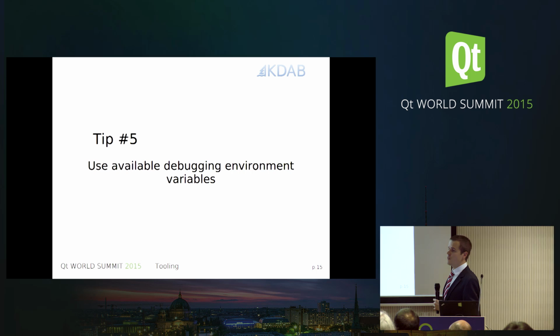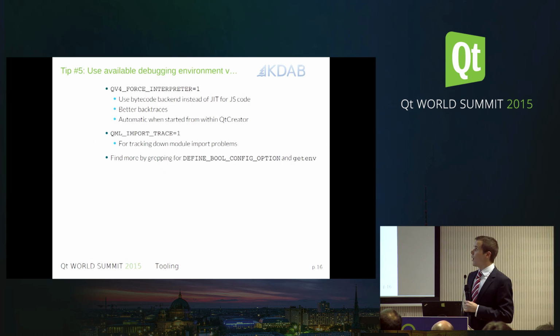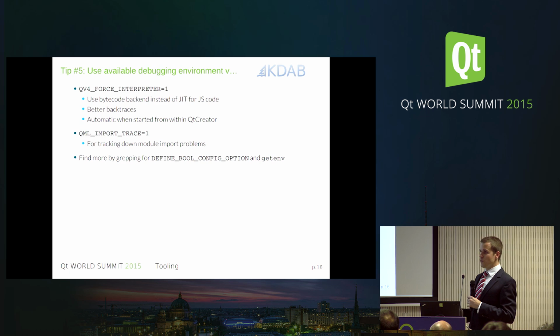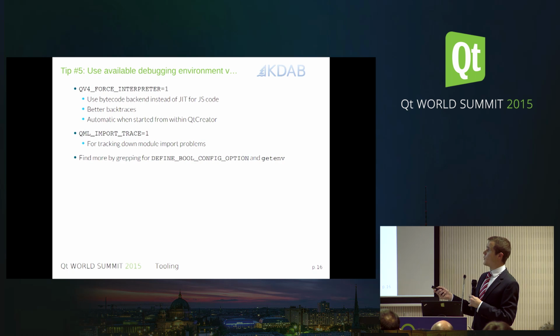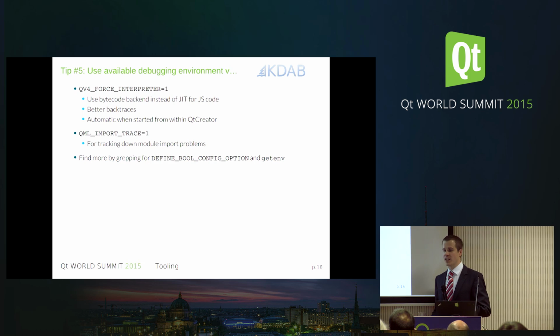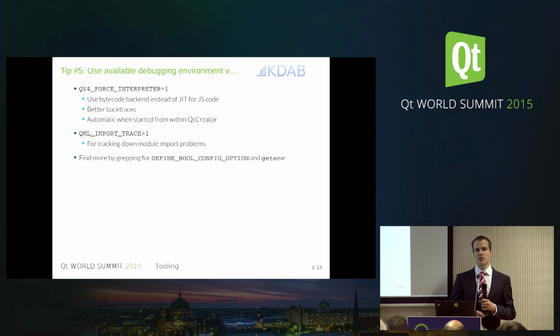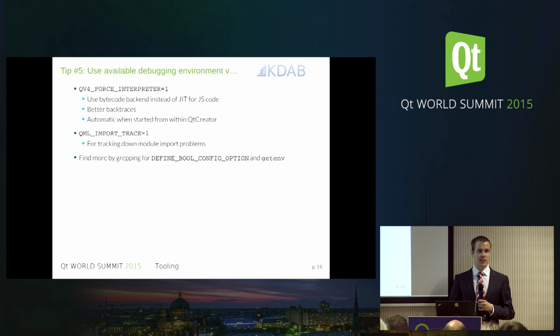There are some environment variables in Qt that are useful, again, for tooling. The most important one for me is probably the first one, QV4_FORCE_INTERPRETER=1, because that disables the just-in-time compiler and instead falls back to the bytecode interpreter of the JavaScript engine.